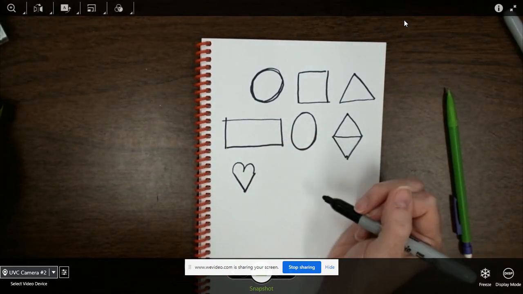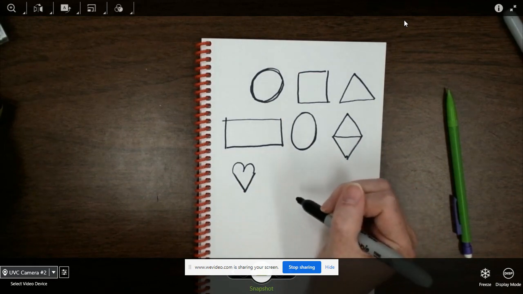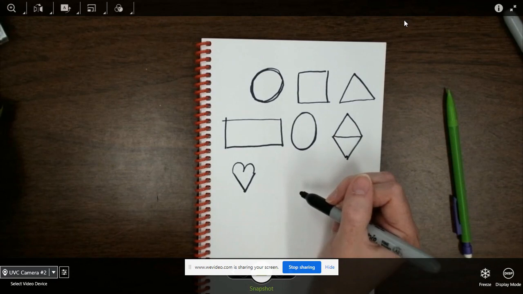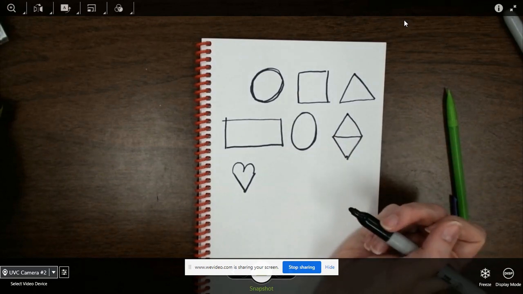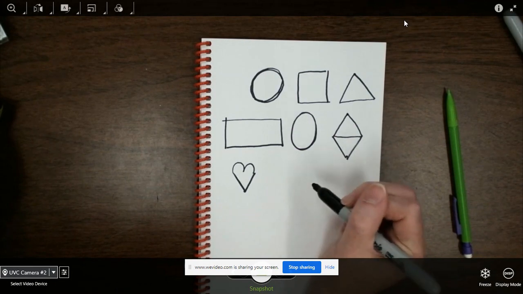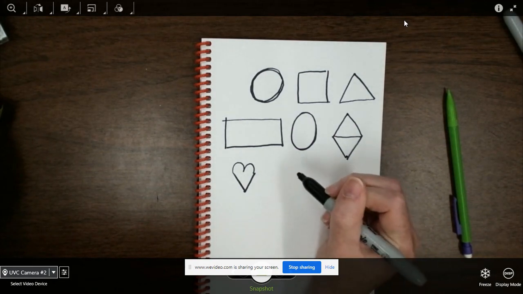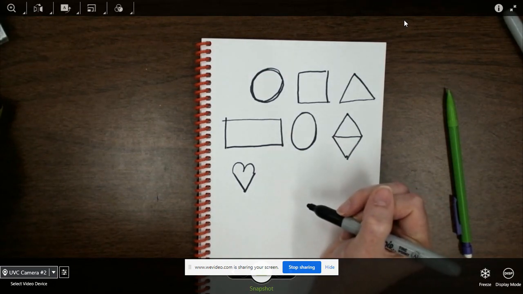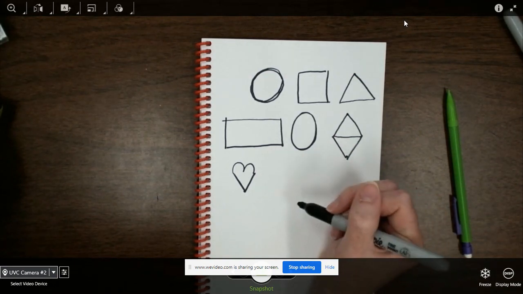Heart. Okay, and then the last but not least is a star. Stars are pretty complicated. There are lots of ways to draw a star, so you can draw a star any way that you like to.